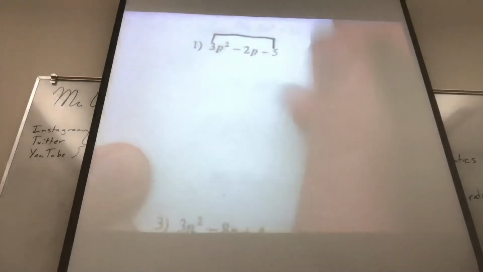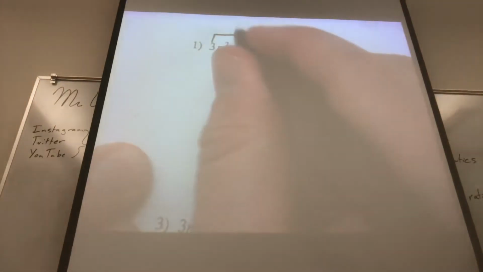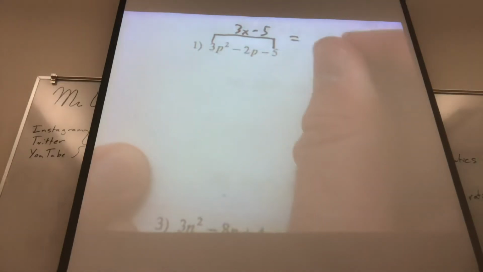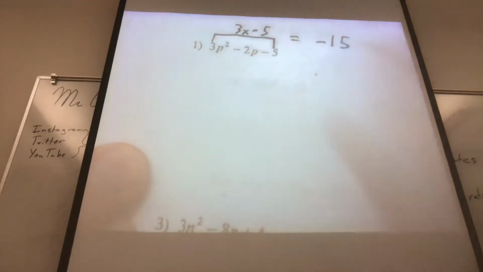So we start by multiplying 3 times negative 5. 3 times negative 5 is going to give us a negative 15. So I'm looking for what's going to multiply to a negative 15 and add together to make a negative 2.